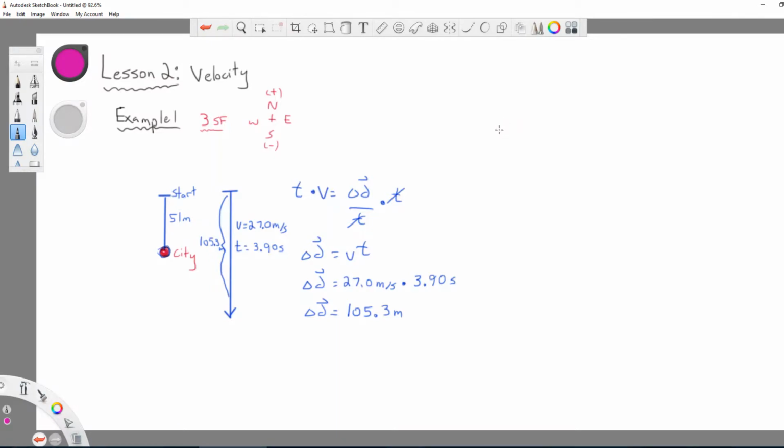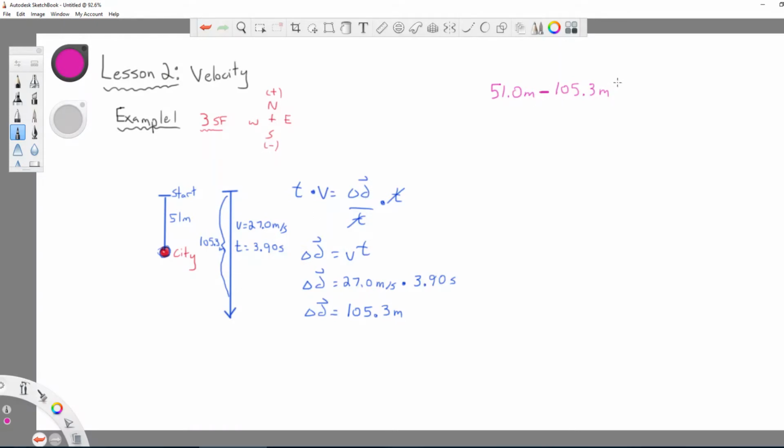All right, so we started at a positive 51.0 meters north of the city, which is our positive value. And we are moving south, so we're not going to add the distance on here. We're actually going to pull that distance out, 105.3 meters, because south is our negative direction, right?